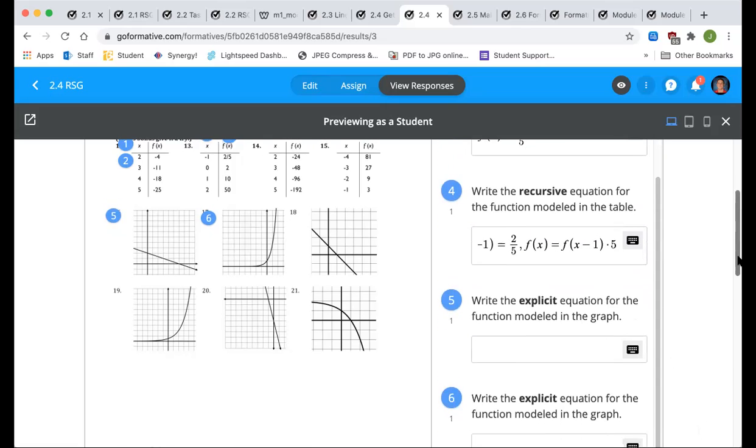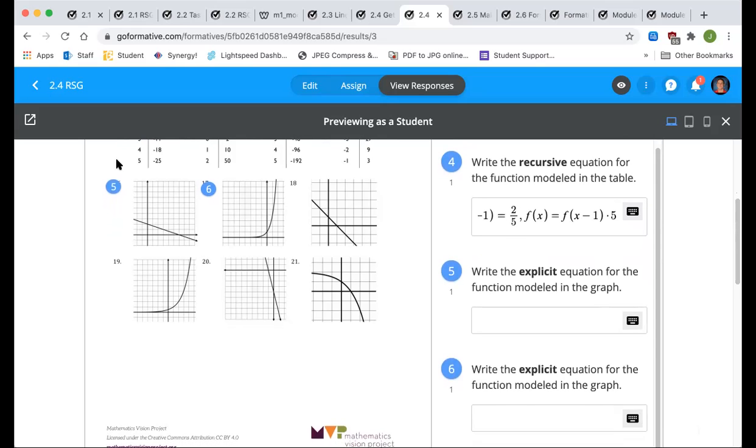And then we just have 2 explicit equations left, for 5 and 6. So we need to find points on this line. So let's see, we've got our y-intercept right there. Easy to see that. We go along our line until we find another point on the line that we know the exact points.